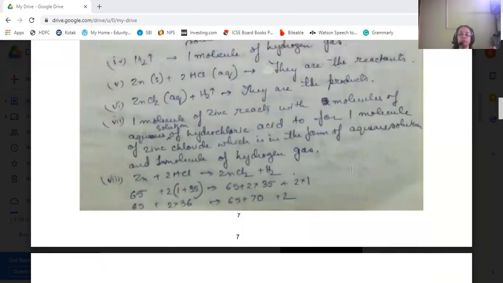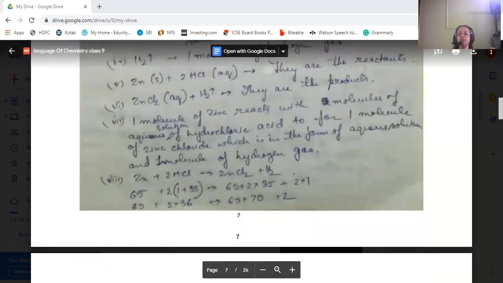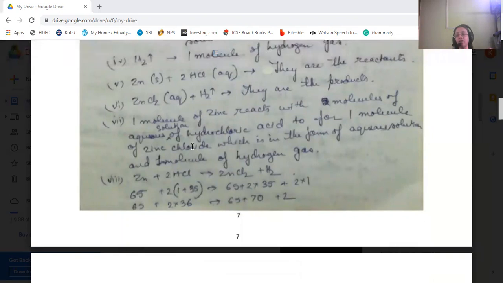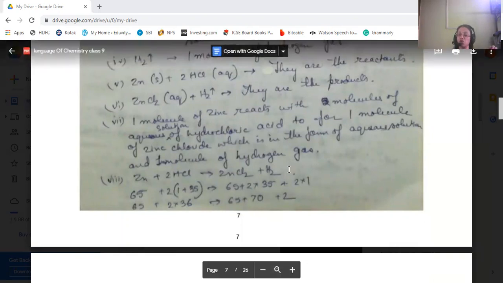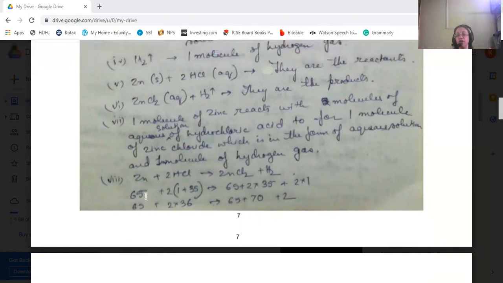So zinc plus 2HCl gives us ZnCl2 plus H2. Zinc has an atomic mass of 65. 2HCl is 2 into 1 plus 35, since chlorine has 35. ZnCl2 is 65 plus 2 into 35, and H2 is 2 into 1, since hydrogen has an atomic mass of 1.